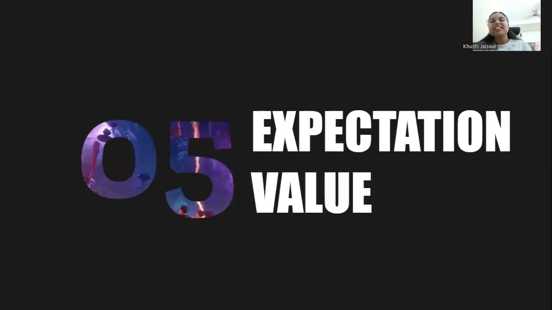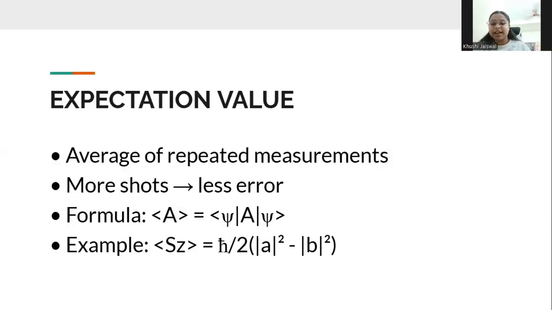Now, how do we predict the result of a measurement? We use the expectation value. The expectation value, denoted by bracket A, is not the result of a single measurement. It is the statistical average of many measurements performed on identical systems. In quantum computing, we call these shots. If we run a circuit 1,000 times, the expectation value tells us the average output.